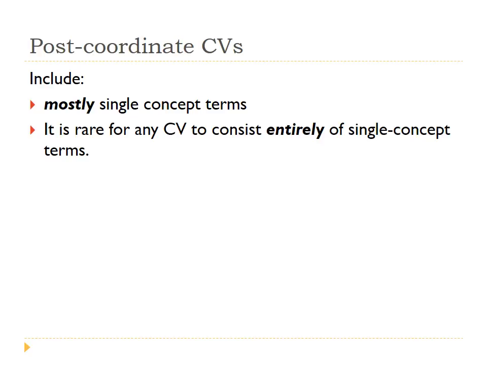It's mostly single concept terms. It's pretty rare, though, for any controlled vocabulary to consist only of single concept terms. There's usually something going on in the vocabulary that needs to be represented in a pre-coordinate way. So again, it's not all or nothing, it's more or fewer.